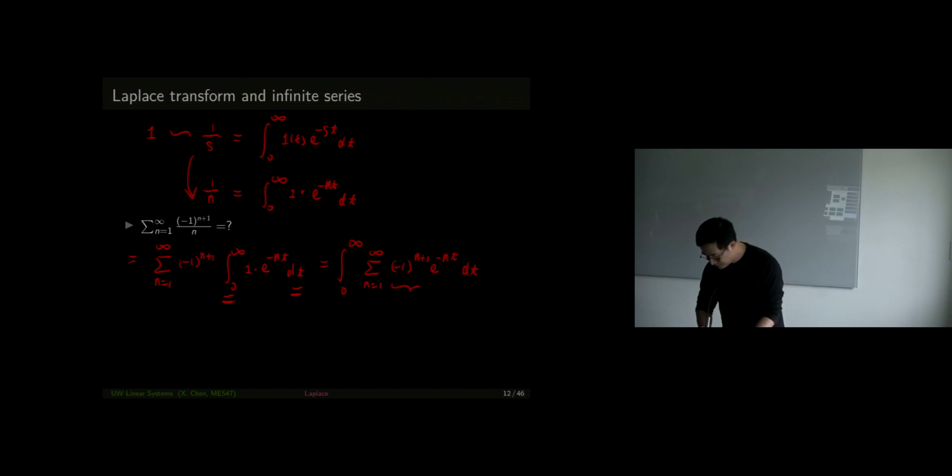This one, we can see it actually is very easy. It's negative 1 times negative 1 to the n, e to the negative t to the power of n. In other words, this term is negative e to the negative t, to the n.